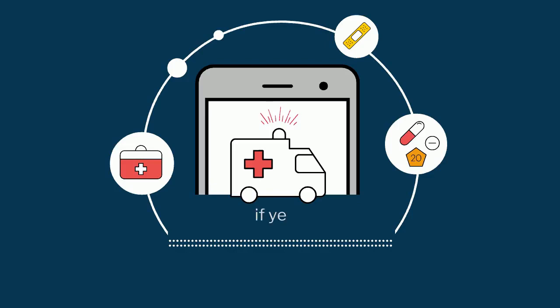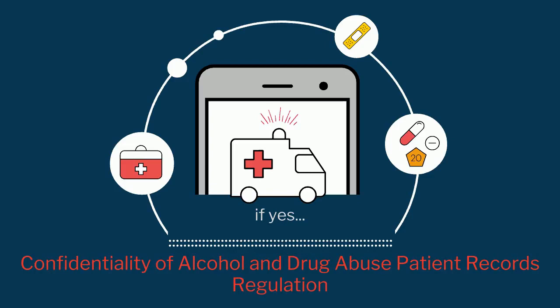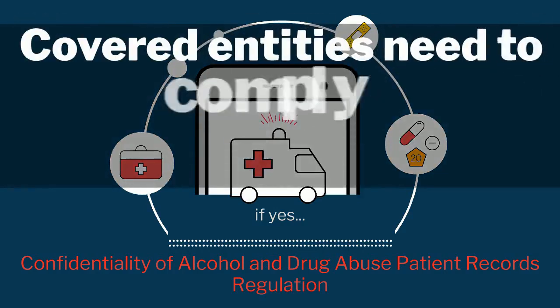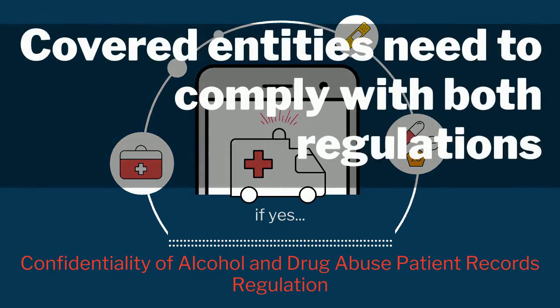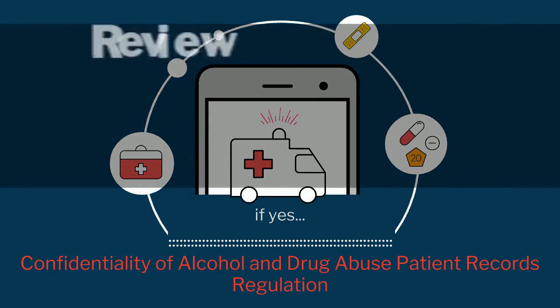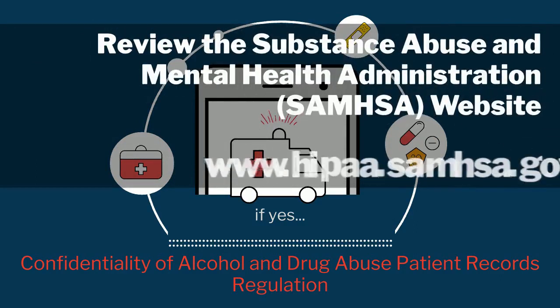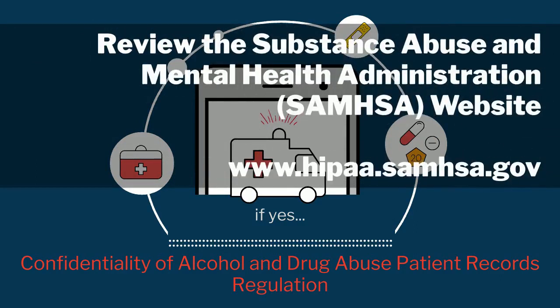It may therefore be necessary for covered entities to properly use and disclose individually identifiable health information in compliance with both sets of regulations. If your research involves records from a federally assisted drug abuse program, you should also review the materials provided on the Substance Abuse and Mental Health Administration's website, which can be found at www.hipaa.samhsa.gov.